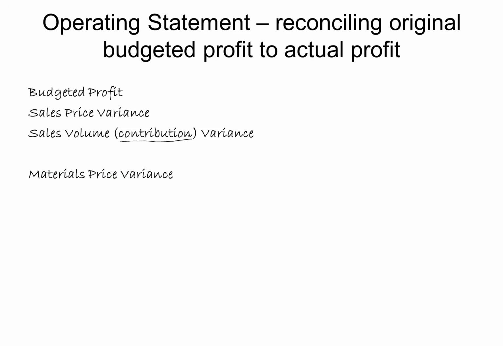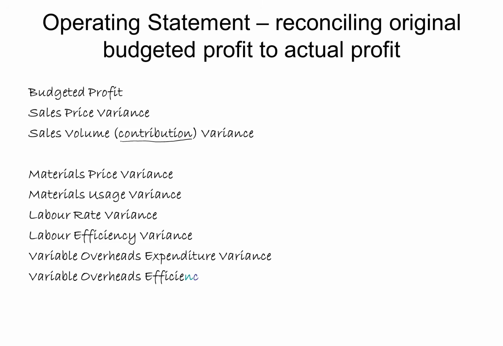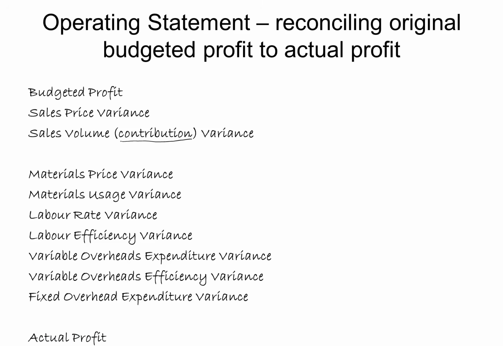Then the variable cost variances of material price, material usage, labor rate variance, labor efficiency variance, variable overhead expenditure variance, and variable overhead efficiency variance. And then the fixed overhead expenditure variance. As I say, starting with my budgeted profit, I will add on favorable variances, take away adverse variances, and what I should end up with is my actual profit figure.